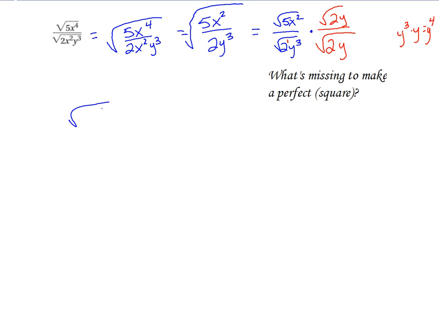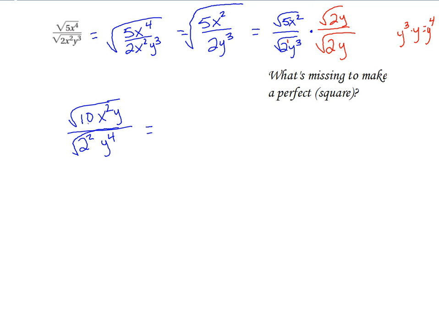All right, now I'm ready to multiply everything out. So in my numerator, 5 times 2, that's going to get me 10. And then x squared, and then y, over 2 squared and y to the 4th. And that is all square root. And then what that is going to equal is, well, let's simplify my numerator now.